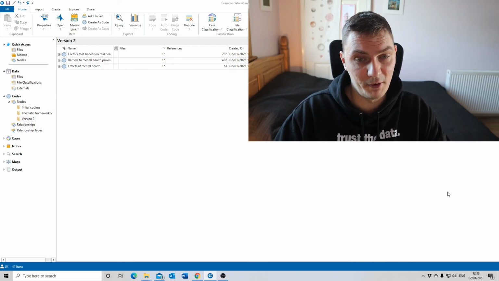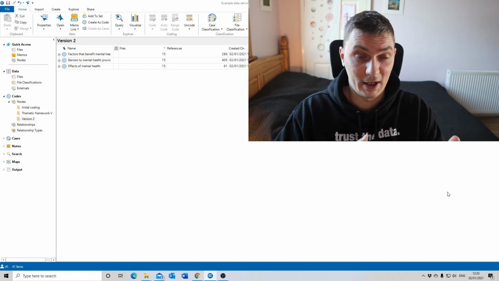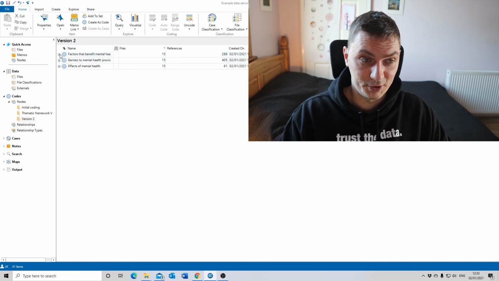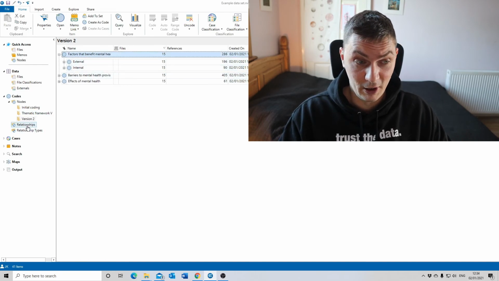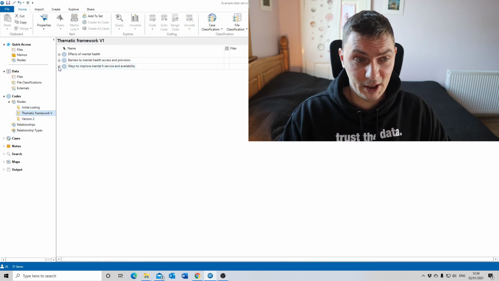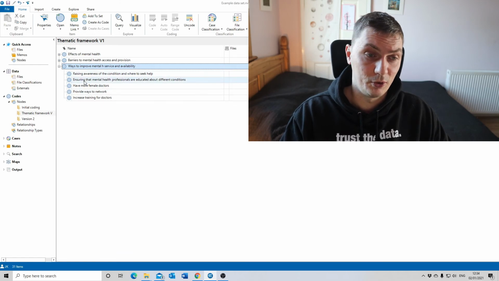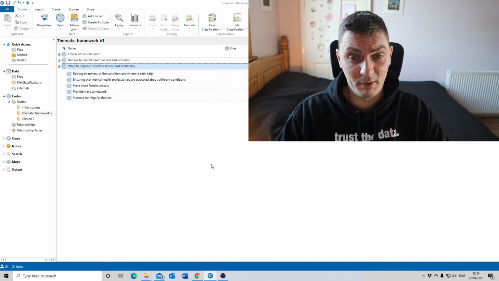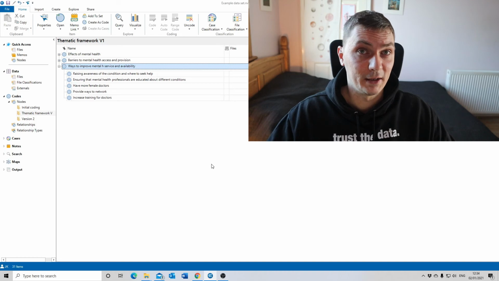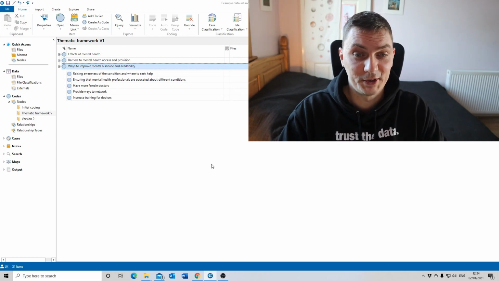Version 2 just took everything as it is and then further categorized these factors that benefit into external, internal. Version 1 completely changed these factors into ways to improve mental health service, and this also required us to reword a lot of sub-themes. But both of these ways are correct, and you can do whatever you decide to do.